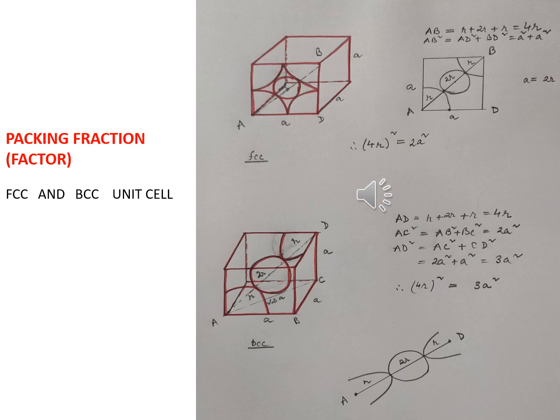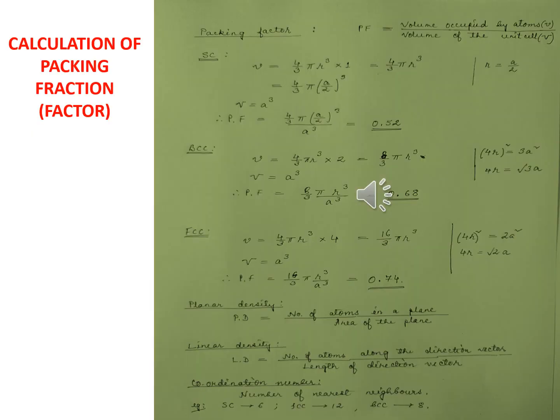So in case of BCC also we have got the relationship between r, the radius of one atom, and the translation vector a. Now we can easily determine the packing factors of simple cubic, BCC and FCC after knowing the relationship between the values of small r and small a. r is the radius of one atom and small a is the translation vector of the cubic structure.